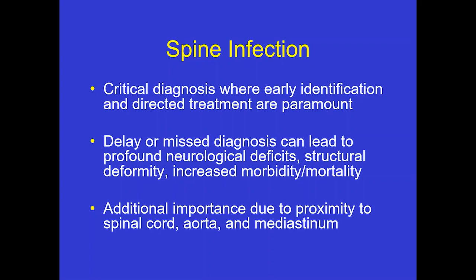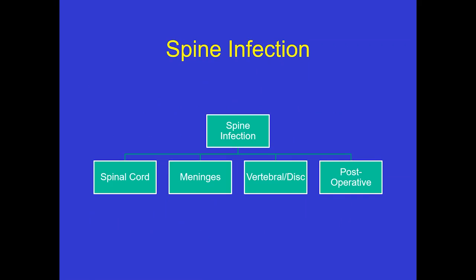It's a challenging imaging diagnosis with many non-infectious mimics, and therefore the radiologist has a crucial role in helping our clinical colleagues. I think it's important to think of infections as they relate to compartments in a similar way as we organize differentials for compartments in the spinal canal, so intramedullary, intradural, extramedullary, or extradural.